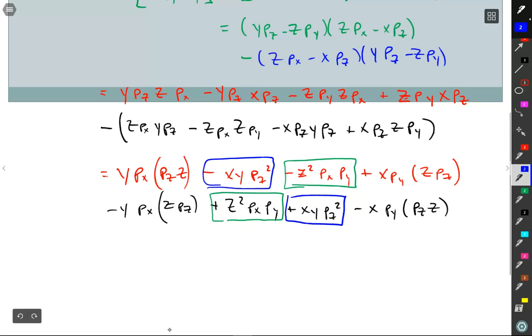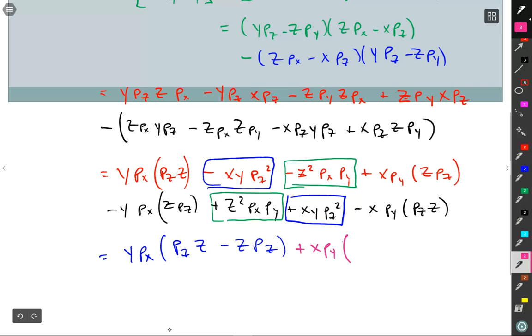So now I can write this out as, so there's my stuff with y px. And x py has, now, of course, if you look at these, this here and this here, they're the same thing but in opposite order.